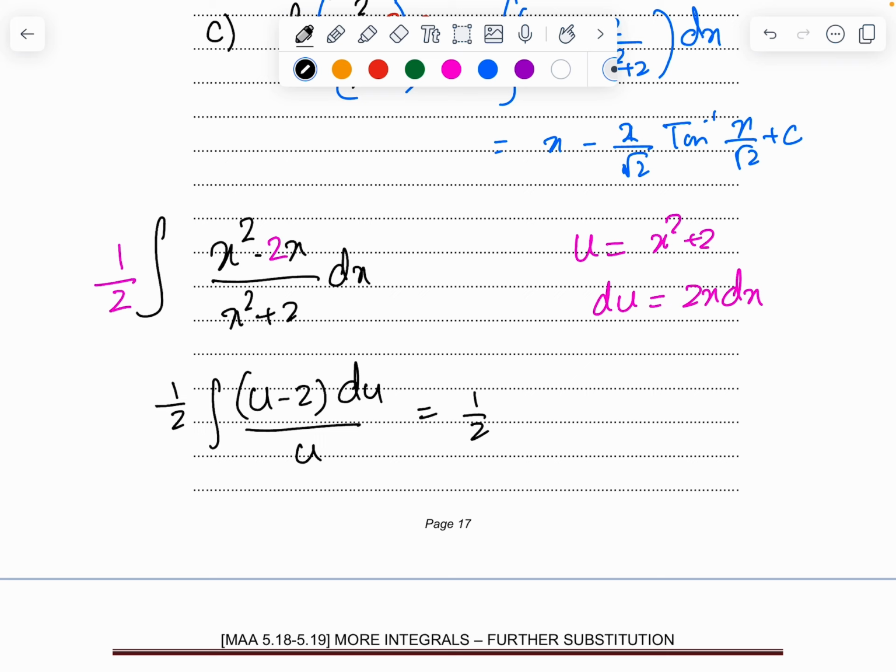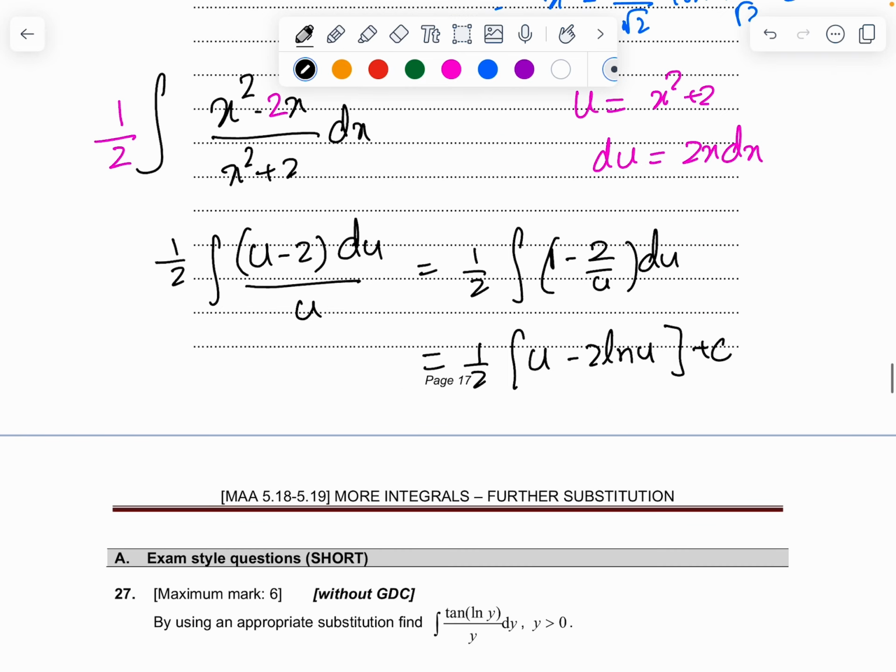So it becomes 1 upon 2, u upon u is 1 minus 2 upon u du. So 1 upon 2 u minus 2 ln u plus c. So 1 upon 2, u is x square plus 2, minus 2 ln of x square plus 2 plus c.